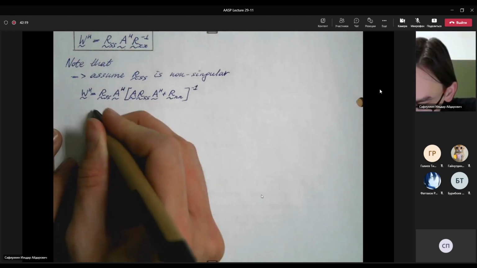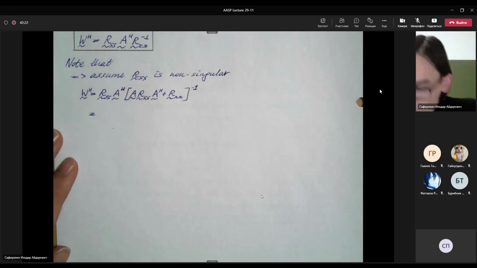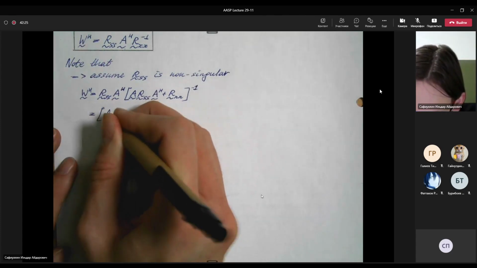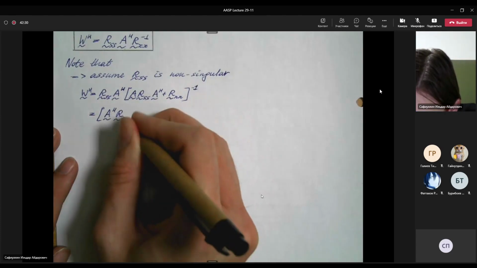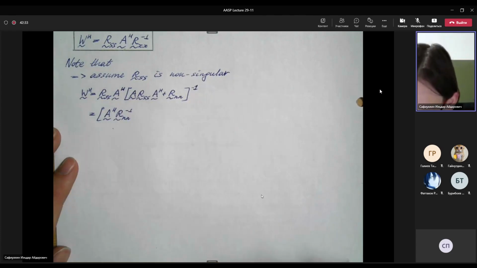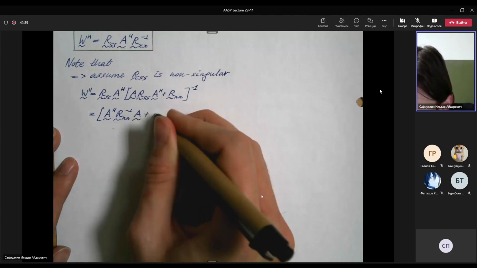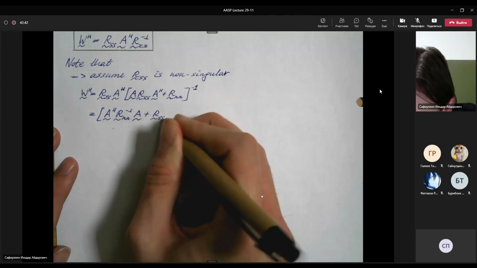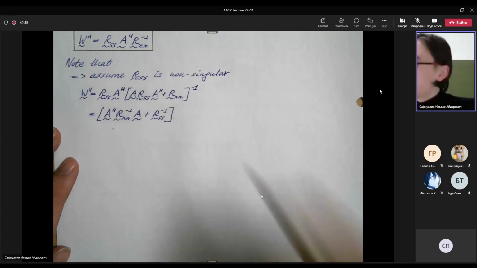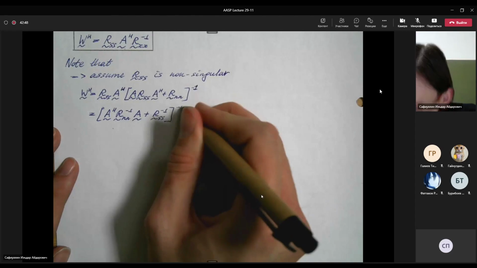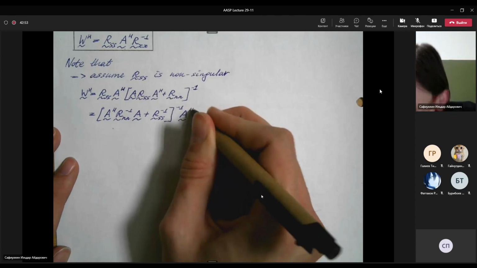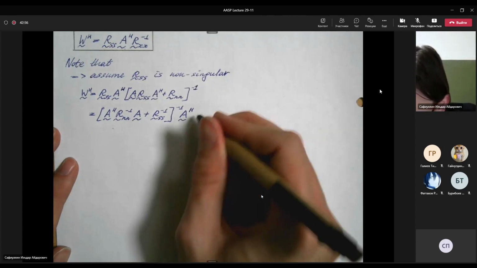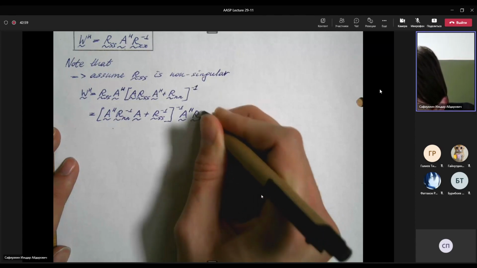Here we will have A Hermitian times RNN inverse times A plus the inverse of RSS, all this thing with inverse sign, times A Hermitian times RNN inverse.